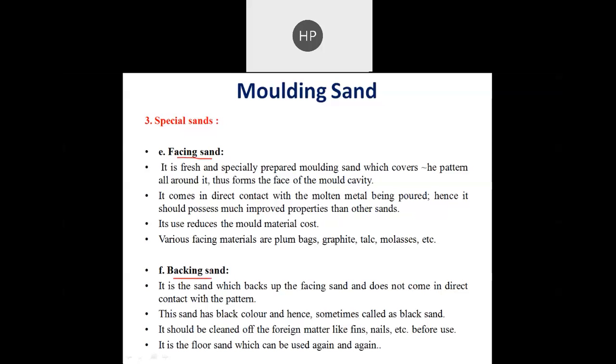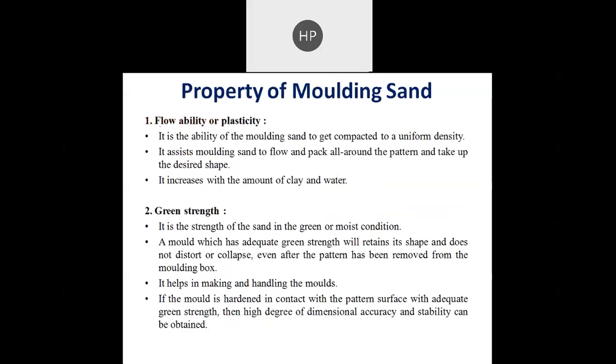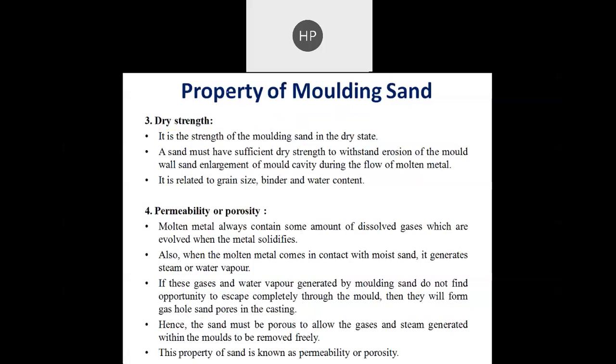And finally, we talk about the properties of the molding sand. The first property is flowability or plasticity. Second is green strength. Third is dry strength. Fourth is permeability or porosity.